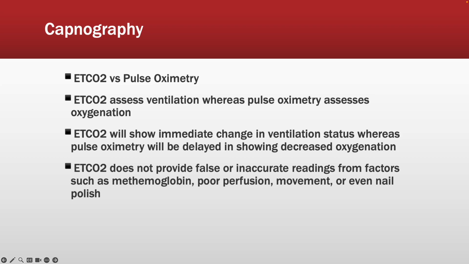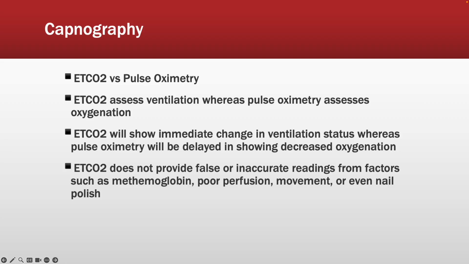So, EtCO2 versus pulse oximetry. I tend to lean more towards EtCO2 because, as we all know, you can get inadequate readings from pulse oximetry. EtCO2 is usually a little bit more accurate when it comes to that.